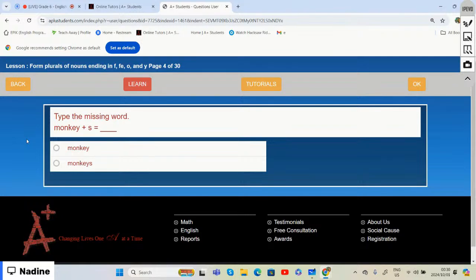Is it option one, monkey, or option two, monkeys? Which one is correct?